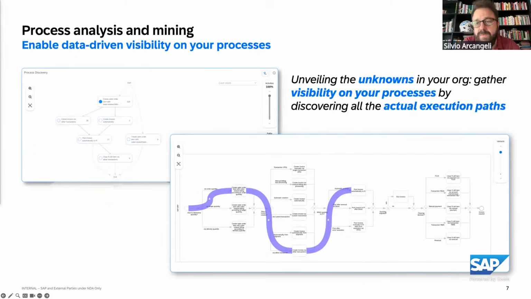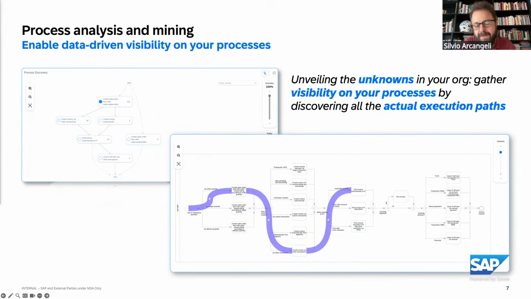And of course, we also provide the signature capabilities of process mining technology, which is the ability to automatically infer and discover all the different ways in which a process is executed and display it in a way that is analyst friendly.